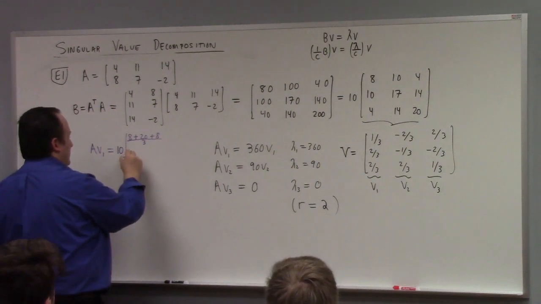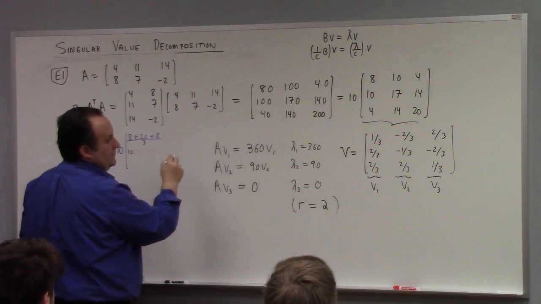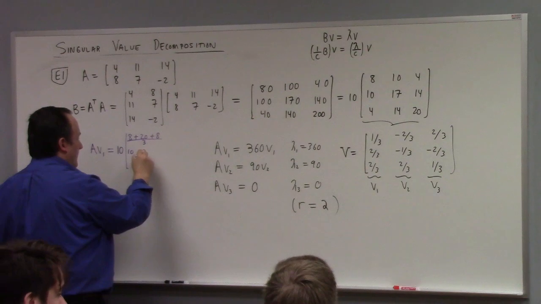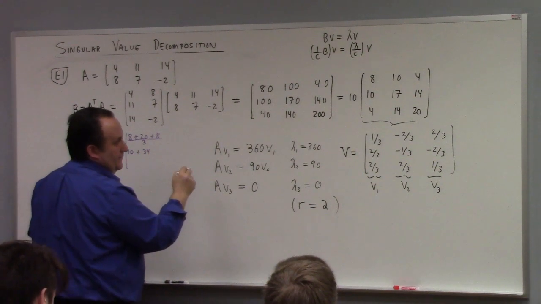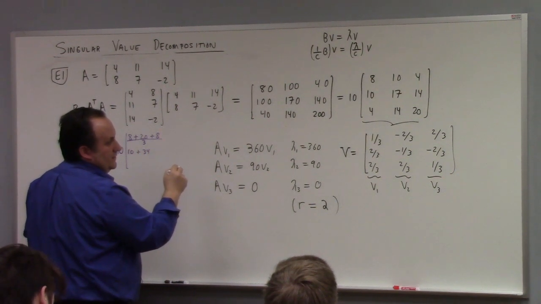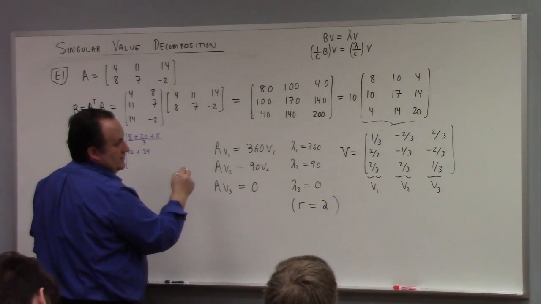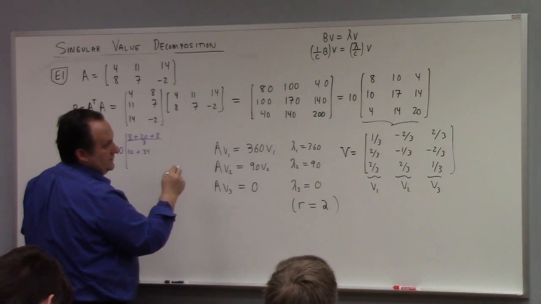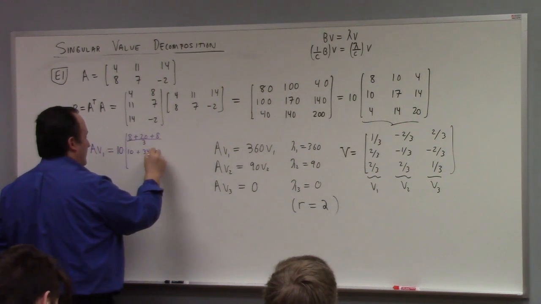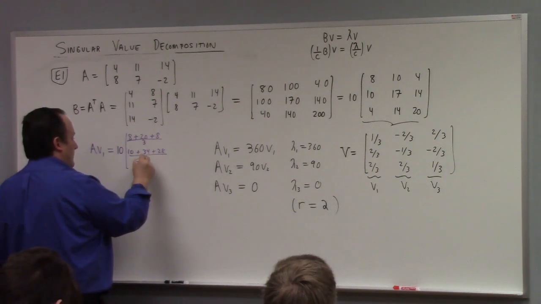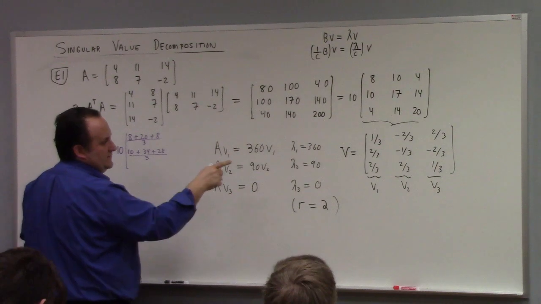I've got 10 plus 34, 14 times 2, 28, yeah. You guys help me out if I get wrong here. Or 3, and then the last 2/3.